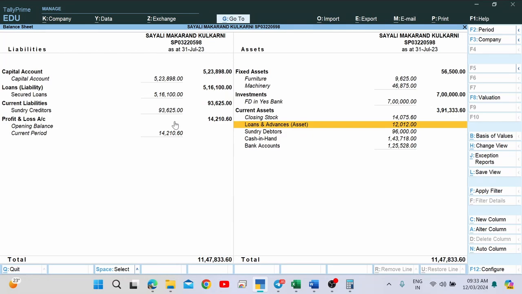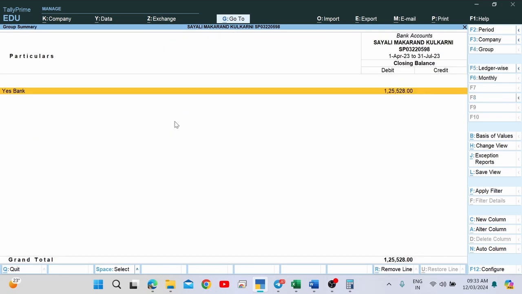How can you check? By opening the bank ledger. You can open that bank ledger through various ways, but here I have the balance sheet already opened. The balance sheet is on the screen, therefore in the balance sheet I will find the bank somewhere, and here is the bank. Just open bank, and you'll find your S bank account.